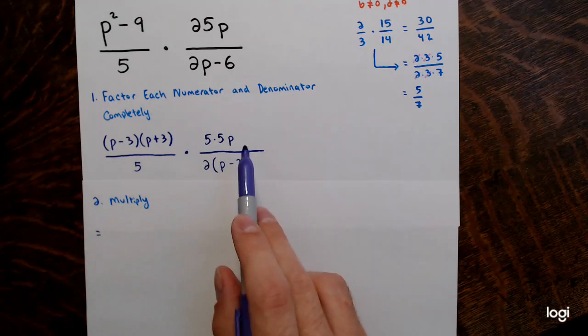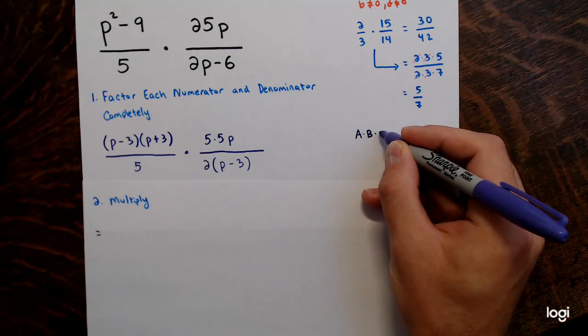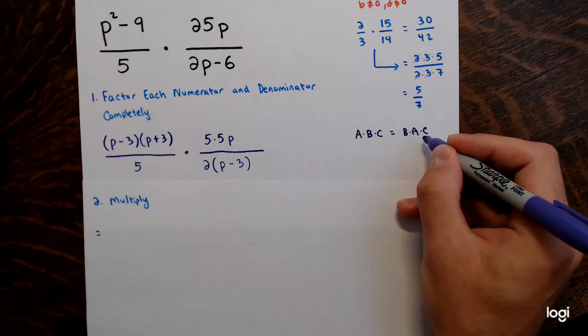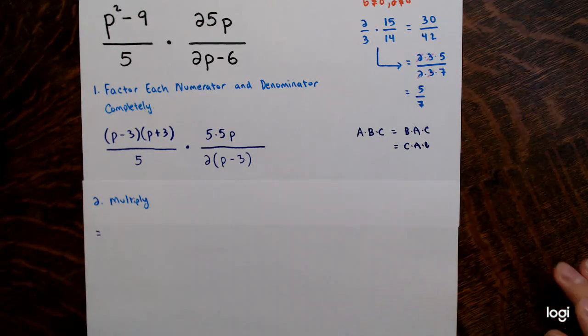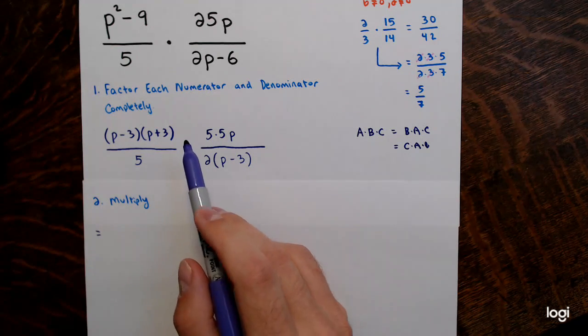And in a product, you can arrange factors any way you want. A times b times c is the same thing as b times a times c, and that's the same thing as c times a times b, and so on. You can rearrange factors however you wish. My personal preference, and you'll see this in most texts, is that they put the numerical factors first.